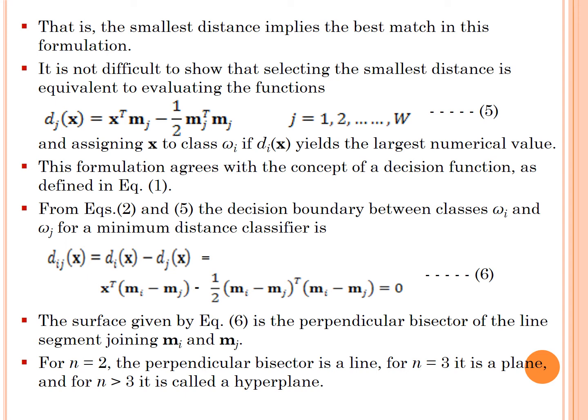The surface given by equation 6 is the perpendicular bisector of the line segment joining m_i and m_j. For n equal to 2, the perpendicular bisector is a line. For n equal to 3, it is a plane, and for n greater than 3, it is called a hyperplane.